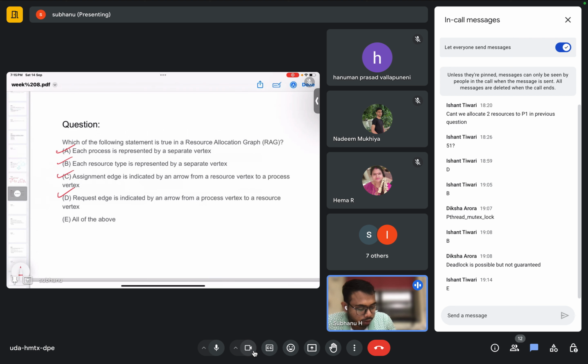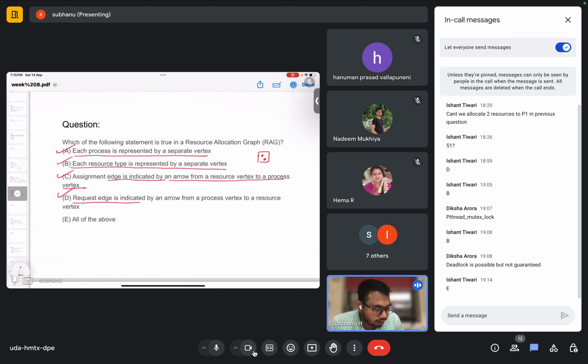I've already shown you that each process is represented by a separate vertex, each resource type is represented by a separate vertex, but there can be multiple instances of resources. An assignment edge is indicated by an arrow from a resource vertex to a process vertex.